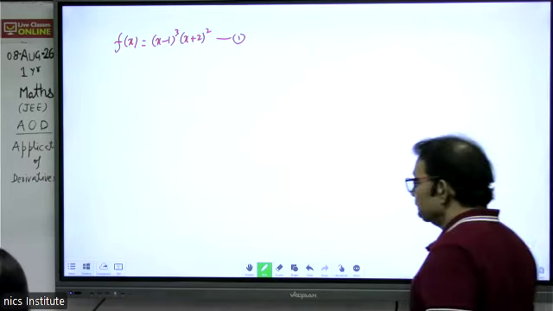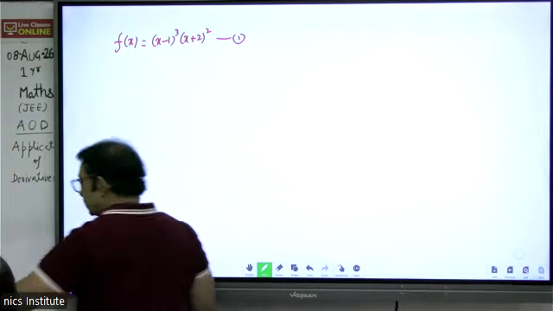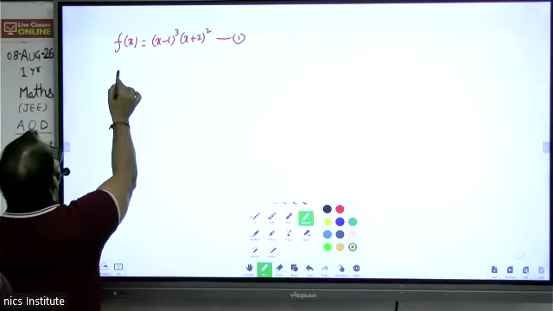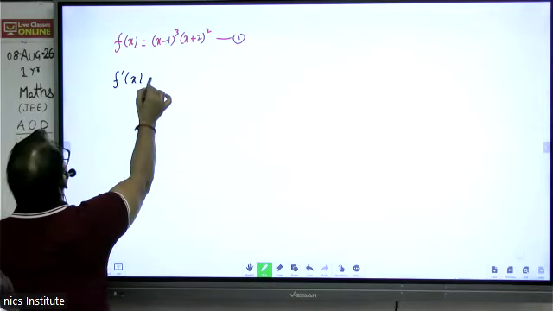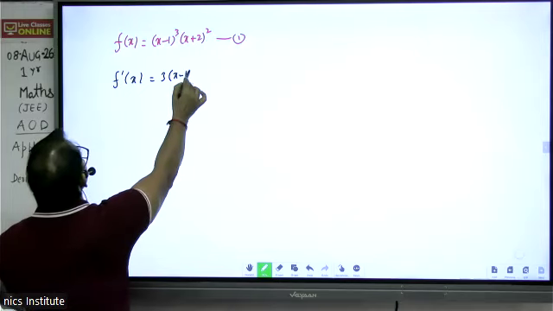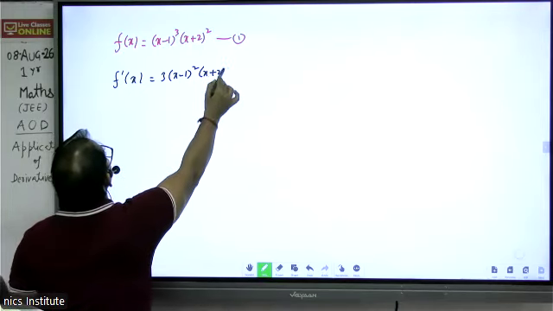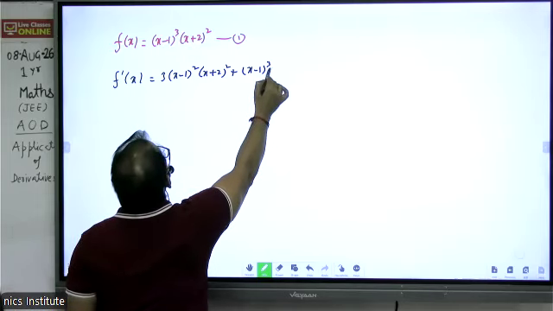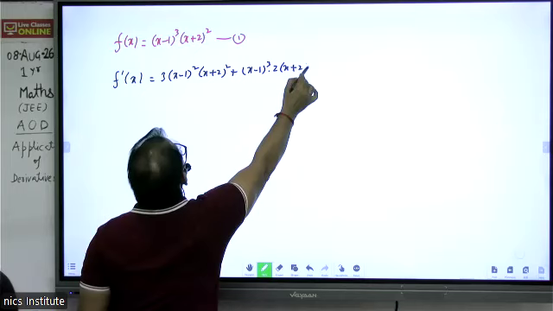अब this slight problem here. When you find derivative, product rule लगेगा. It is 3 (x minus 1) whole square, (x plus 2) whole square. This is (x minus 1) whole cube, and this is 2(x plus 2), right?